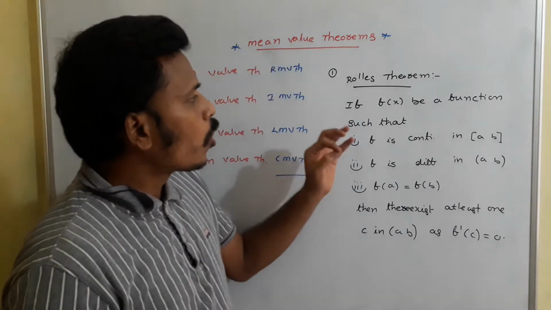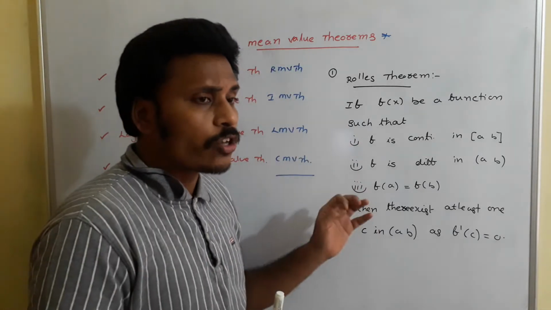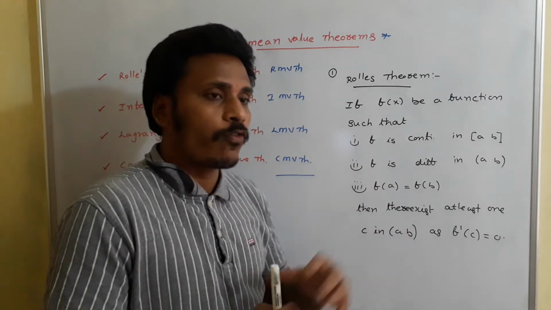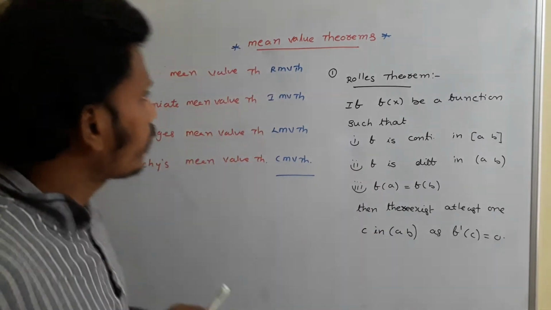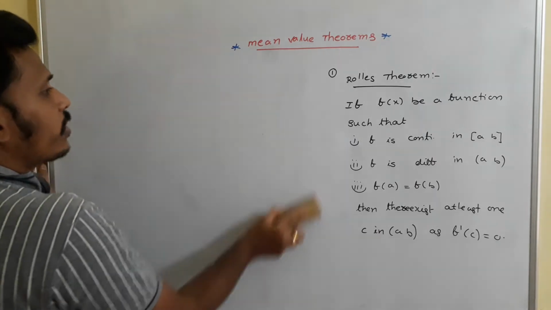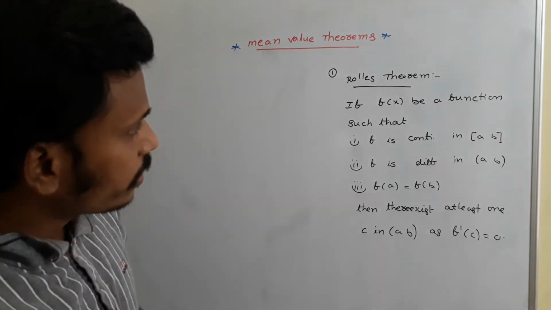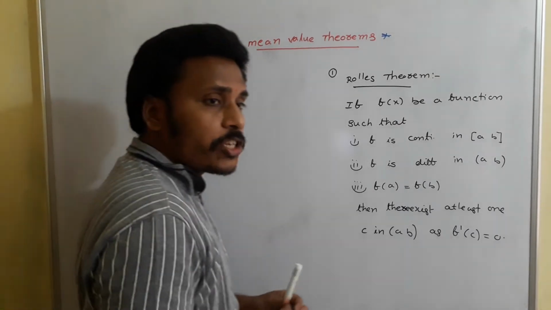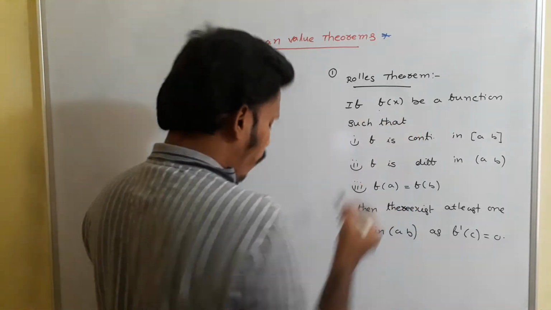So first of all, Rolle's theorem. Look here, what is the statement of Rolle's theorem? I am erasing this for space concerns. Initially we need a function f of x.